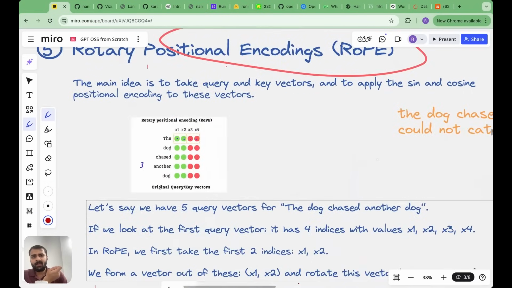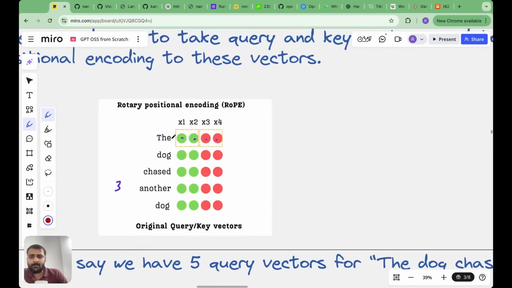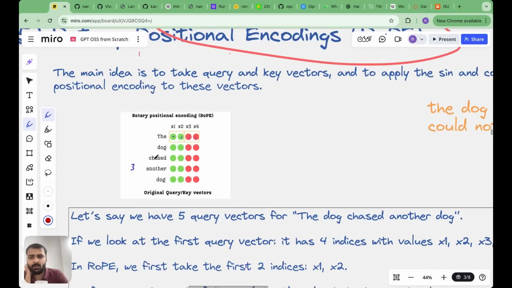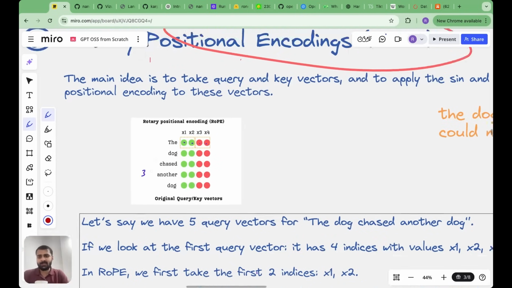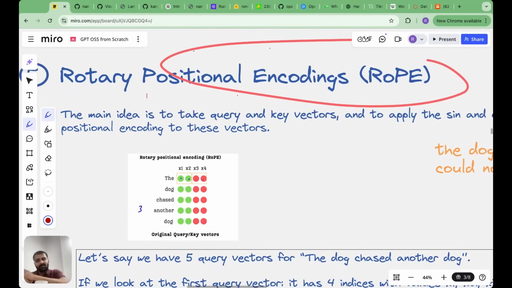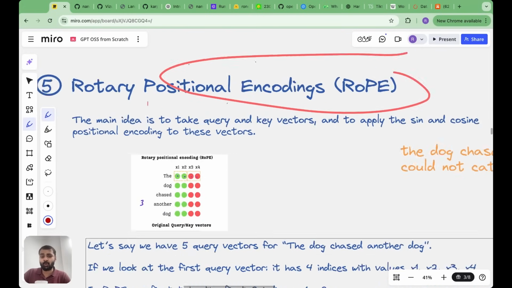So the way rotary positional encoding works is that when we calculate the attention scores, those are between queries and keys, right? So position definitely matters. So what we will do here is look at the query vectors and the key vectors, and we will rotate these vectors to inject the information regarding the position. We don't change anything related to the value vector at all, because that does not come up when calculating the attention scores.